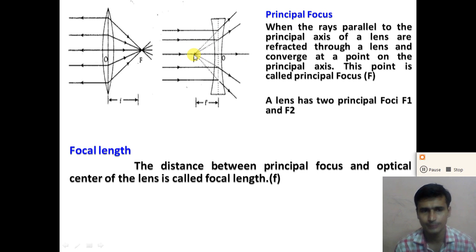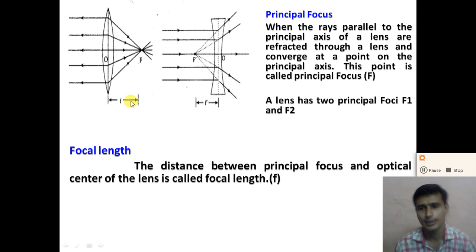Understand, dear student? Now what do you mean by the focal length? The distance between the principal focus of the lens and the optical center of the lens is called the focal length. So the distance between this principal focus F and the optical center O on the principal axis is called the focal length.